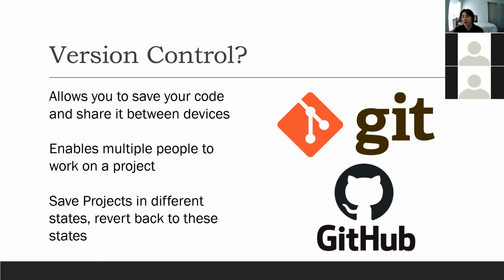All right, let's talk about version control. I'm almost over time, but okay, real quick. Version control is an essential tool. If you're graduating from college with a computer science degree, you're going to need to know how to use version control. A lot of you have heard of GitHub, but didn't know what it was.